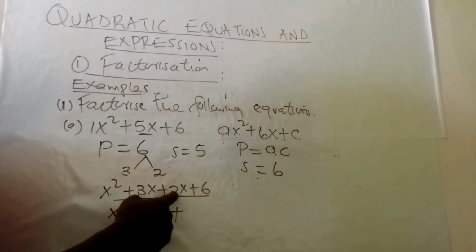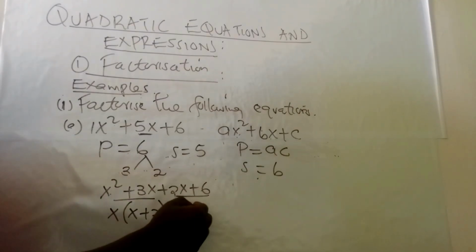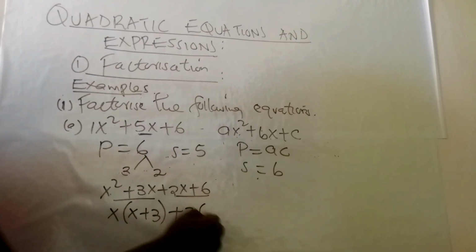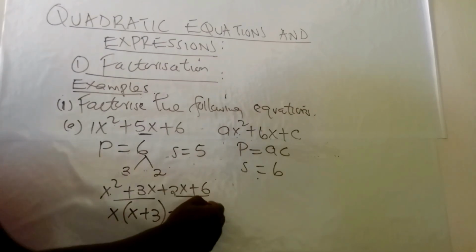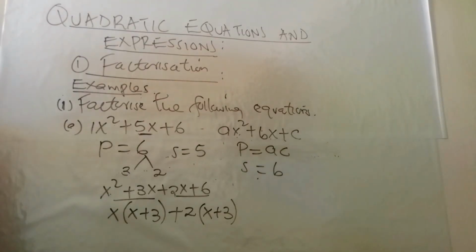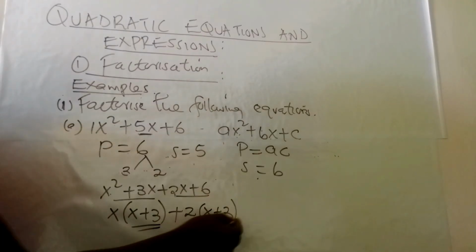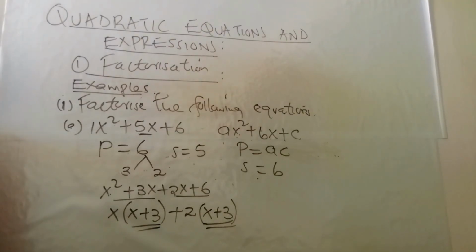Plus 2x and 6. What is common between 2x and 6? 2 is common. So here we are left with x plus 3. When you're doing the factorization of quadratic expressions, in most cases what is inside the brackets is the same.